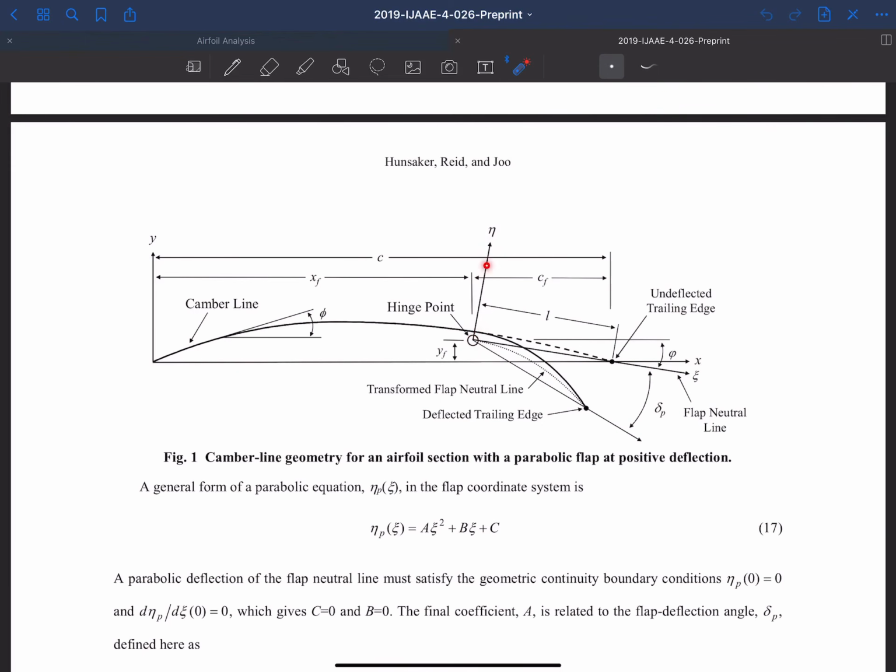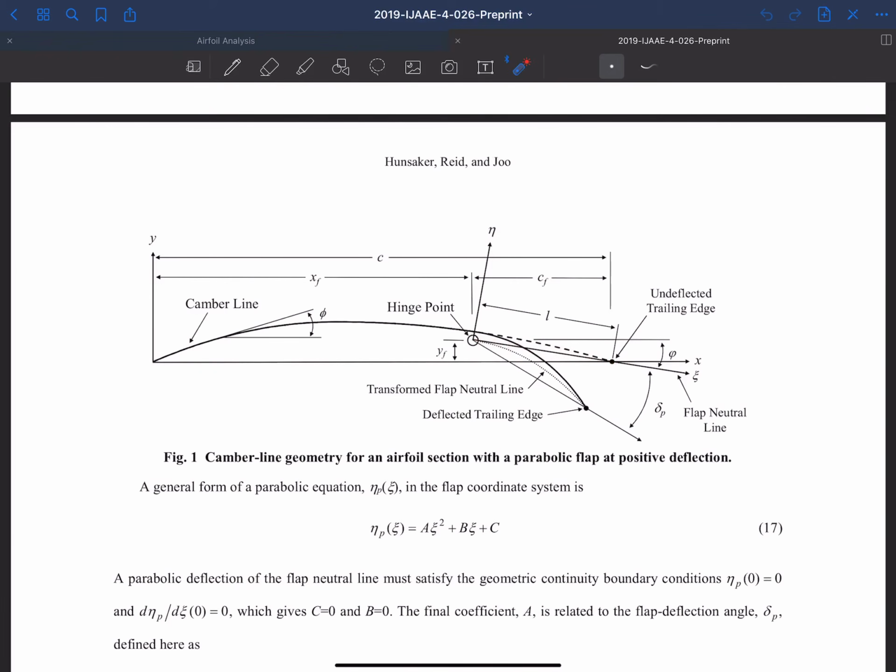And now we're going to define a parabolic deflection of that flap neutral line relative to that coordinate system. And so you can see this dotted line right in here. Once we've performed that parabolic deflection of that flap neutral line, then it will come down and form this dotted line here. And the length of that dotted line is the same length as our original flap neutral line.